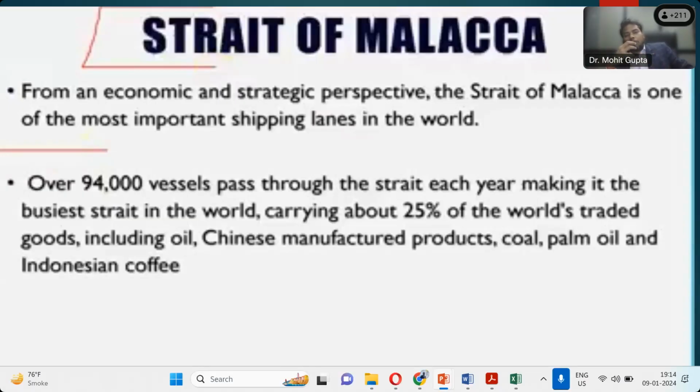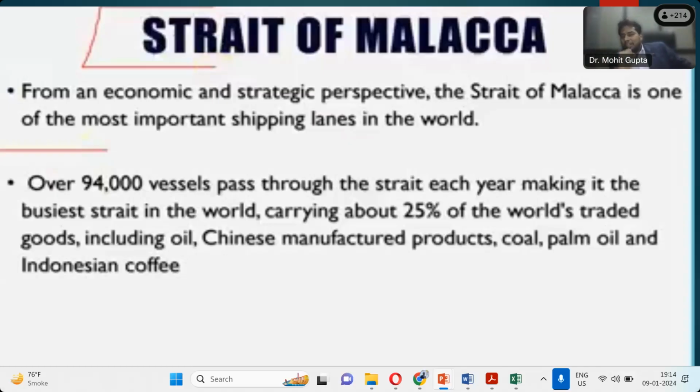Why were straits given different treatment? In the straits, the Law of the Sea Convention has given more freedom of navigation to ships. Now I want to justify why the Convention has given more freedom of navigation to ships when they are navigating in a strait.